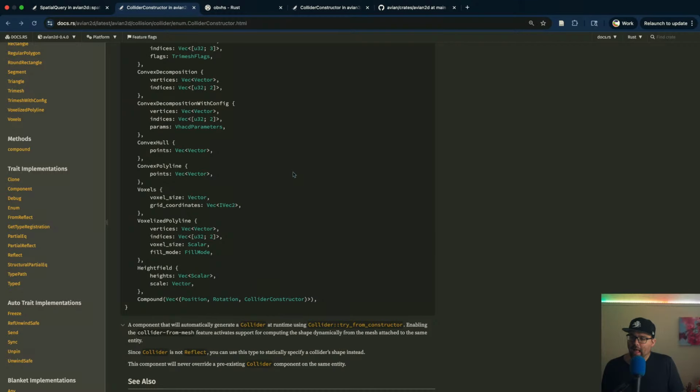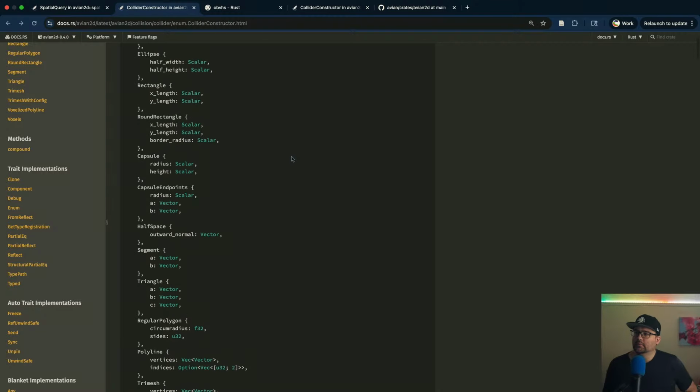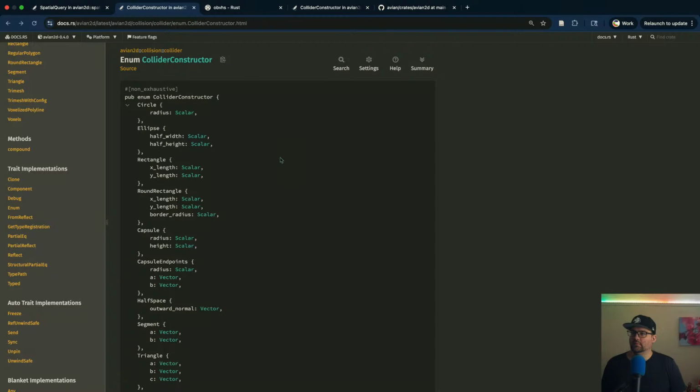Now we need to manually match up the colliders to the shapes. Because I know the circle collider isn't going to be a mesh collider, and we really want the mesh collider, right? We want the triangles that we build to be aligned with the vertices in the mesh 2D.